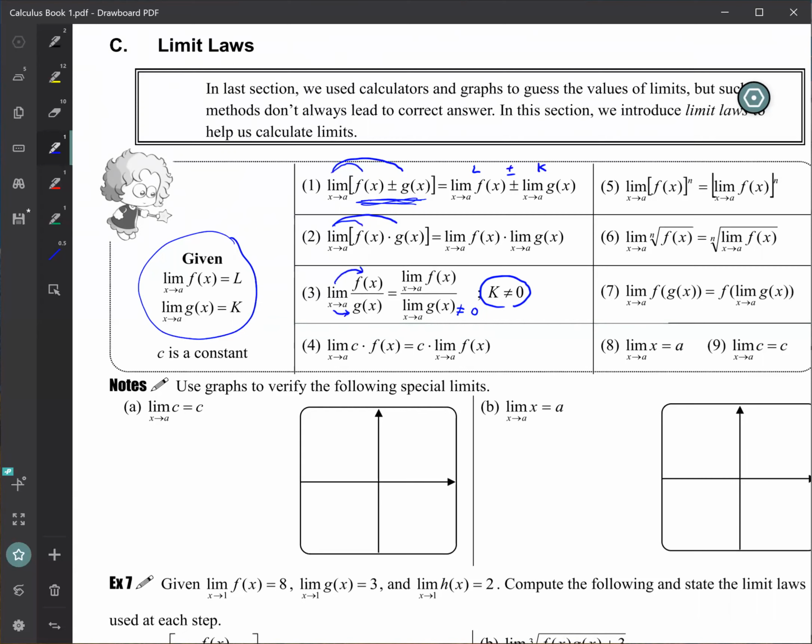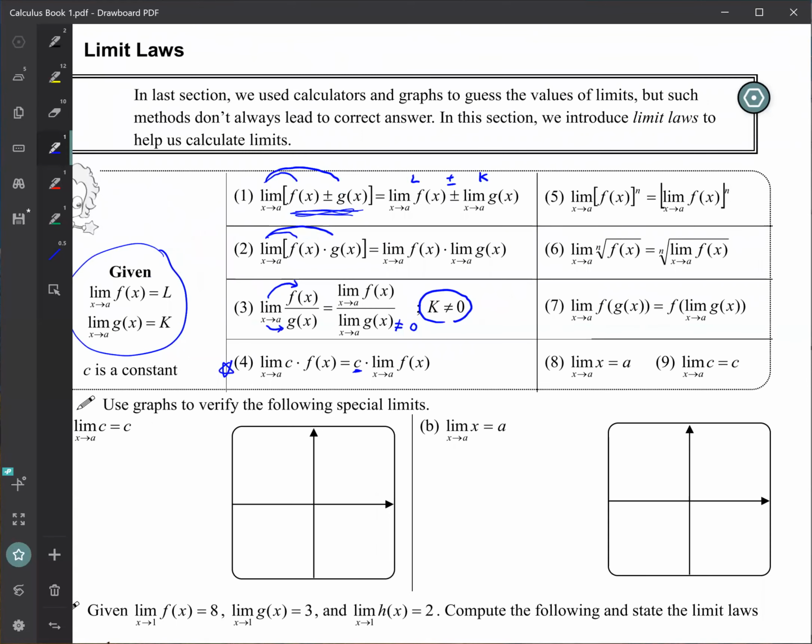Okay, and then number 4, which we'll be using more often, you can put a star there. If there's a constant, you can pull the constant outside of the limit, and then just find the limit of the inside. Similarly, number 5, if there's an exponent, you can calculate the exponent later.